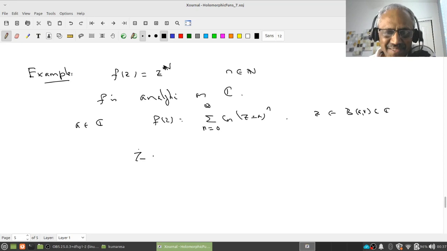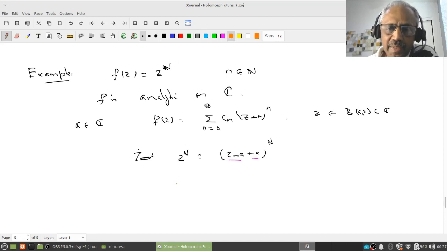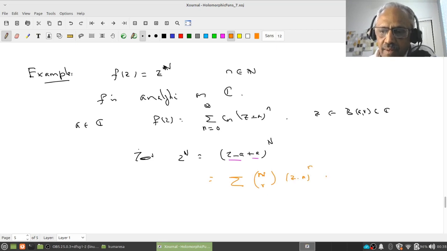The obvious thing is that z to the power n, I can write as (z minus a plus a) whole power n and apply the binomial theorem. So what do I get? I am going to get the summation of n choose r, (z minus a) to the power r and a to the power n minus r, r from 0 to n.